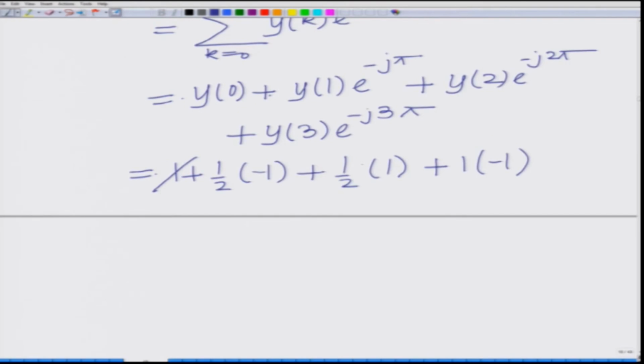I have a 1, a minus 1, a minus half, a half. So this equals 0. So what I have is Y 2 is equal to 0.